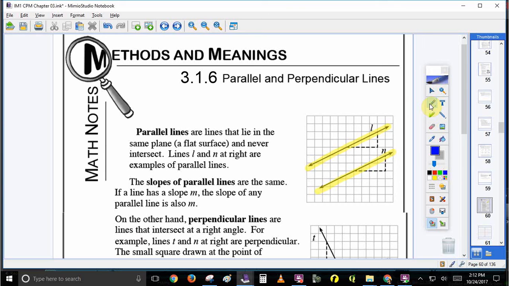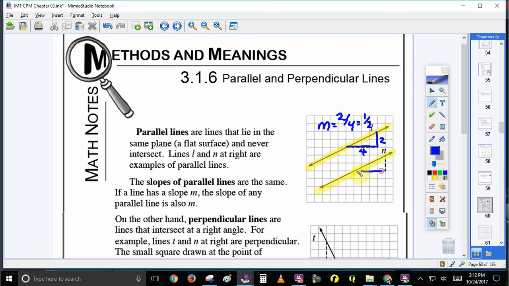The slope of parallel lines are the same. If a line has a slope m, the slope of any parallel line is also m. In this case, in our little example of line L and N, we have a slope of 2 over 4, which reduces to 1/2.